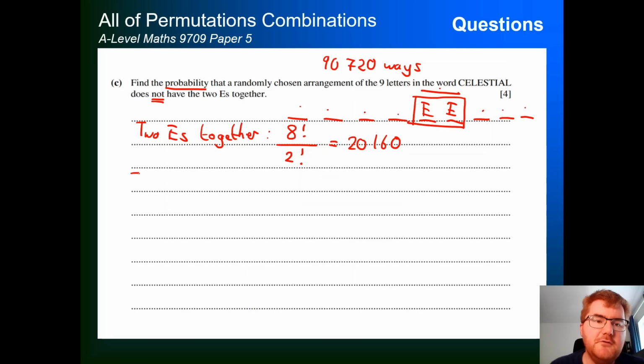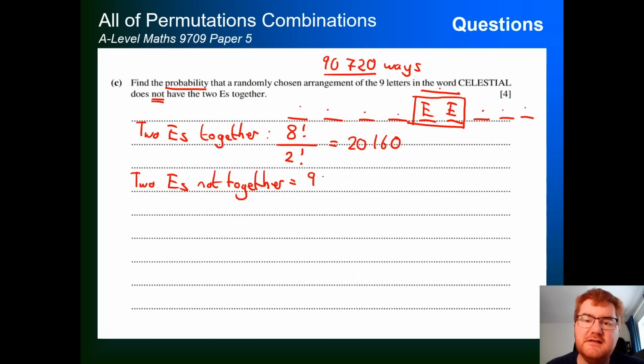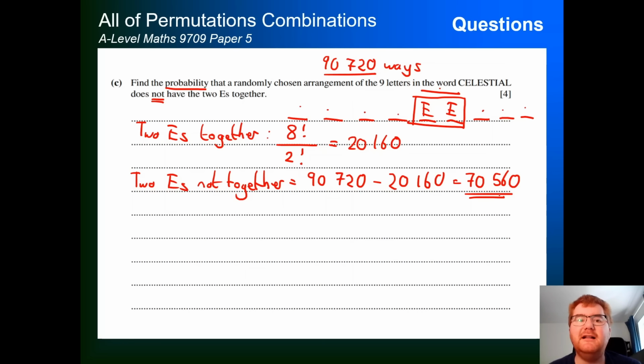So to work out the 2 E's not together, and we've seen this idea before, we've got a total amount of ways, 90,720, minusing when the 2 E's are together, will then give us the E's not together. And if we take those away, we get 70,560. However, that's not the final answer because we want a probability.